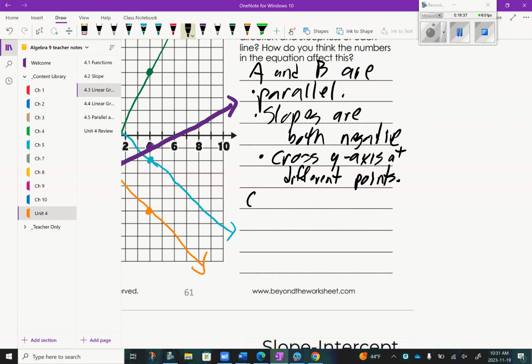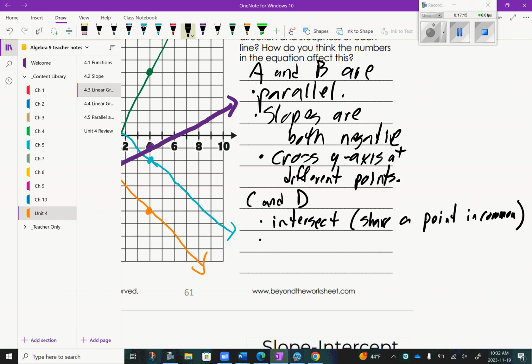If we look at C and D, they intersect. We know that because they share that one point in common. Whereas A and B were parallel to one another, C and D are not parallel, they intersect, they have one point in common.